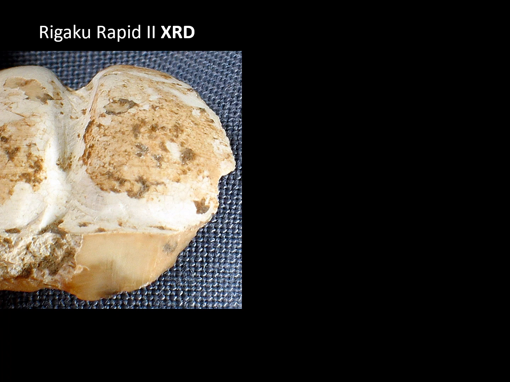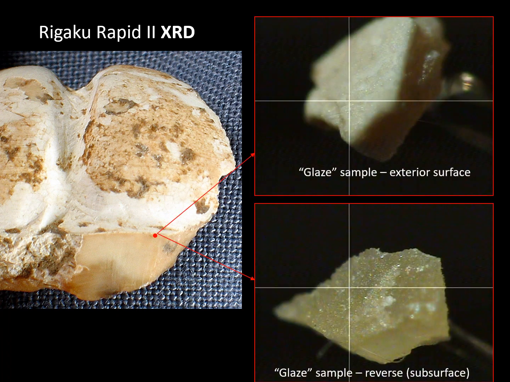Mineralogical identification using X-ray diffraction analysis was conducted at several points on the seal's exterior and interior areas. A fragment was taken of the veneer itself. Here, an analysis was done on the surface, and the fragment was flipped over and done directly beneath the veneer.